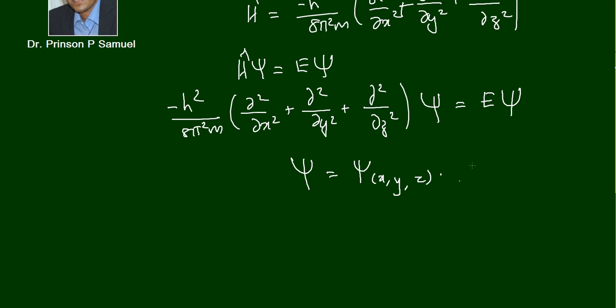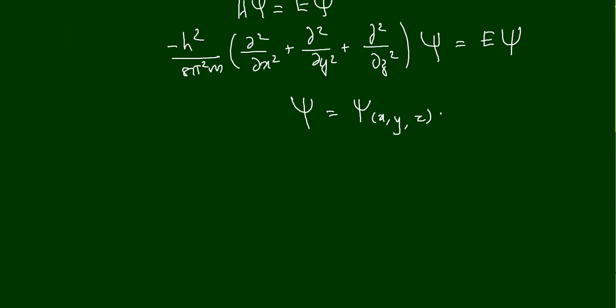For this method of separation of variables, we suppose that psi of x, y, z, this wave function, is a product of three other functions. The first function is X, which is a function of x. The second is Y, which is a function of y, and the third is Z, which is a function of z.